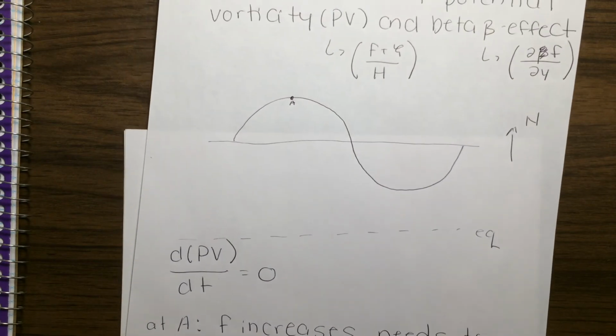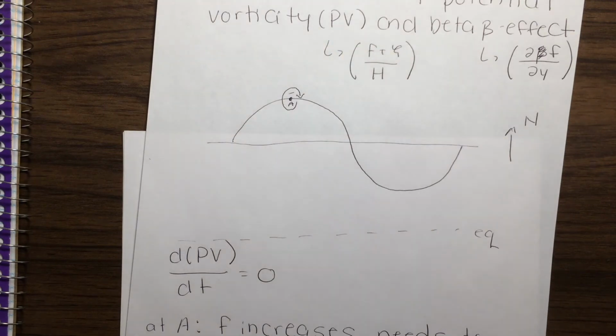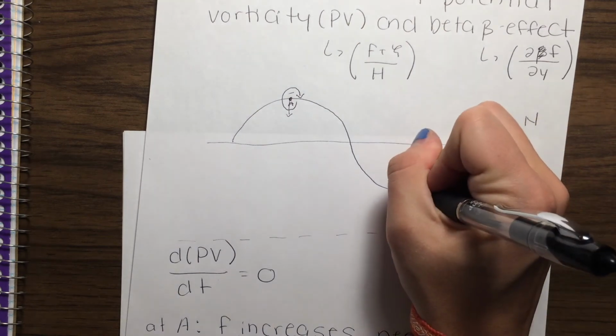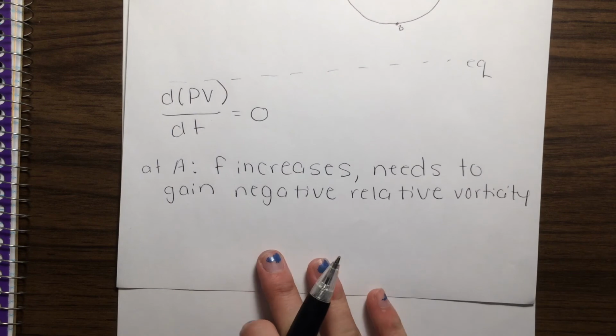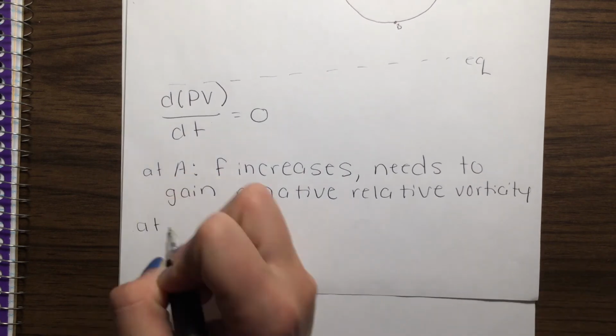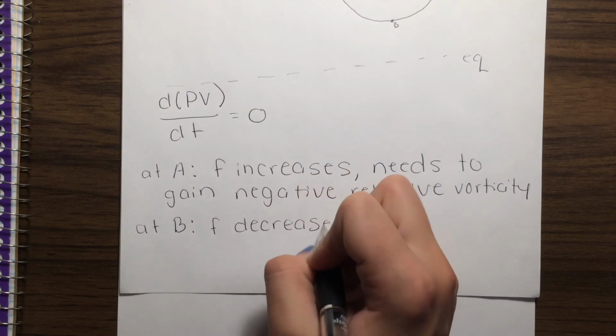So at point A, our vorticity will be acting in the clockwise direction. This will act to move fluid south. Similarly, at point B, f decreases, so we have to gain positive relative vorticity, and this will act to move fluid to the north.